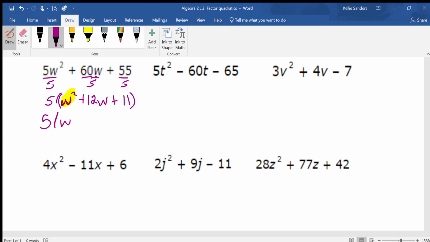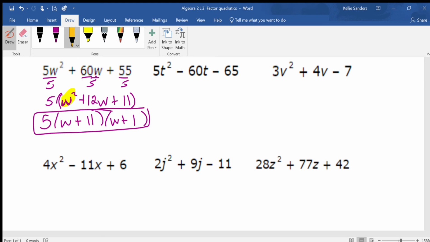And then W plus and W plus. Multiply to get 11, add to get 12, 11 and 1. Five, 5, and 5. 2 squared minus, let's see if I get that one out this time, 13. Multiply to get 13, subtract to get 12, 13 and 1.